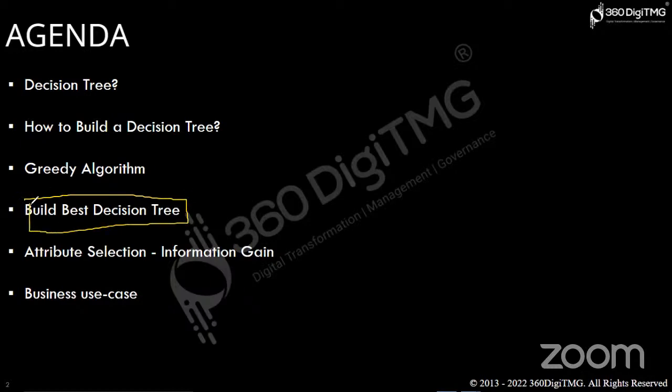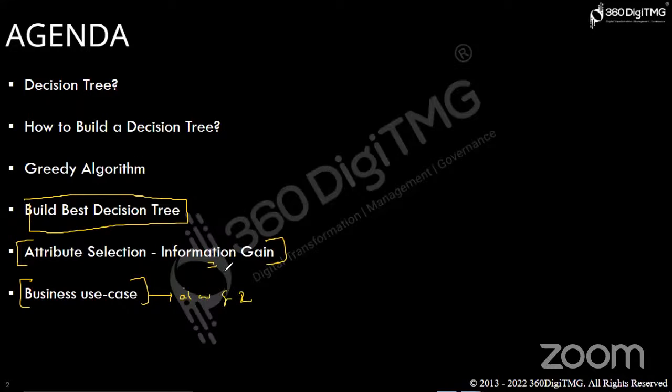We have to do some quantification, so we are going to take the information gain, and we will be looking into a business use case related to the oil and gas industry.